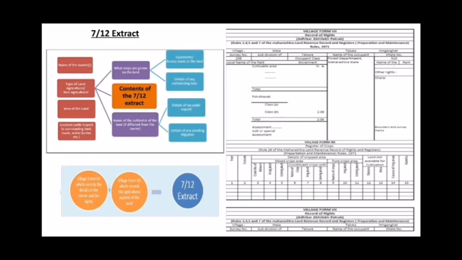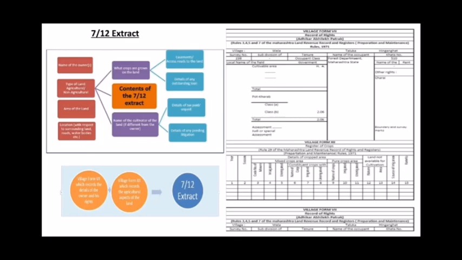Now just below, in the form, under total, you can see assessment. Under assessment, the amount of tax on the land is given: how much tax this particular land has to pay. Towards your right hand side in the form, you can see others' rights.